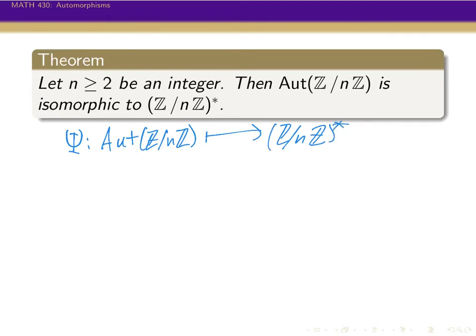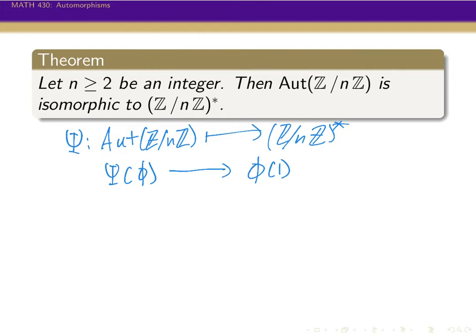Okay, and what this map does is psi sends an automorphism to whatever phi of 1 goes to. And so my claim is that this is going to be both one-to-one and onto and preserve the group operation. And so this is going to be a true isomorphism between these.